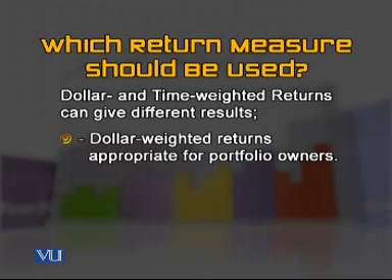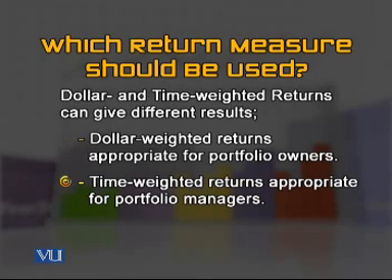Dollar-weighted returns are appropriate for portfolio owners, and time-weighted returns are appropriate for portfolio managers. Look at the difference between the two words. One is about investors, the other is about managers. The managers would like time, the investor would talk about rupees. So there would be a difference in likeness of a portfolio between an investor and a manager.